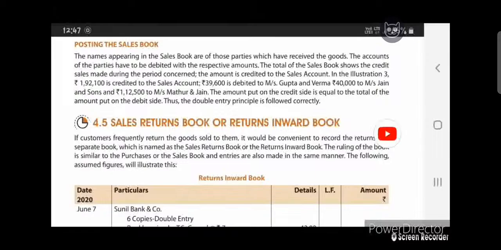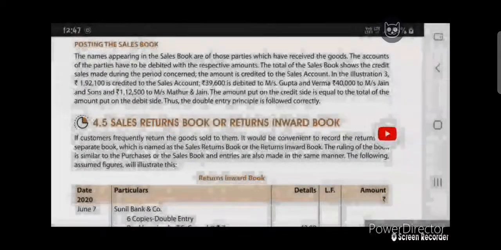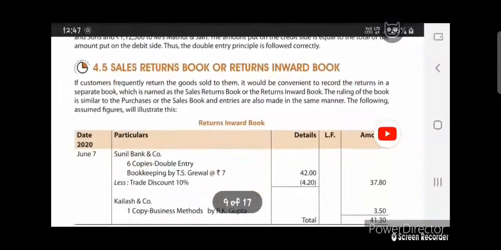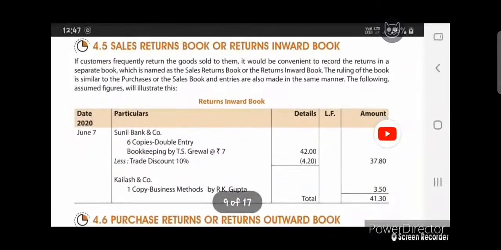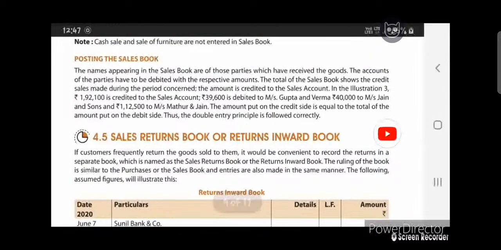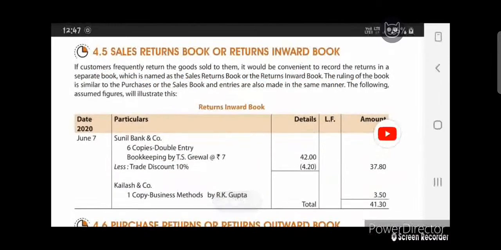So the amounts of credit and debit should tally. If the double entry principle is followed correctly, you have to close that account, means you have to close the sales book. Next, sales return book or return inward book.